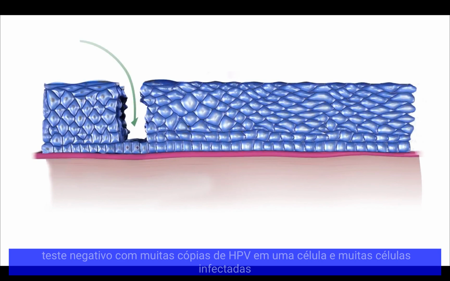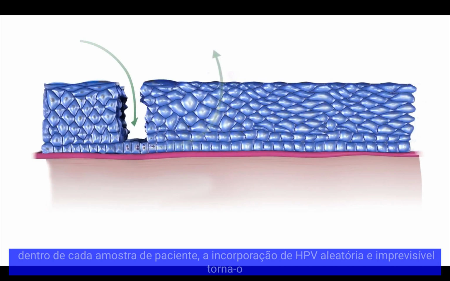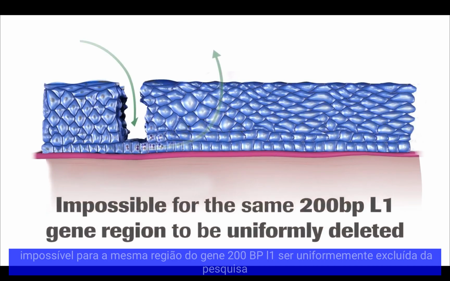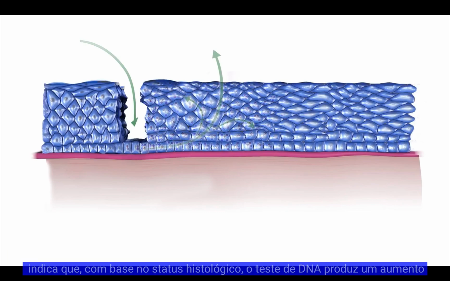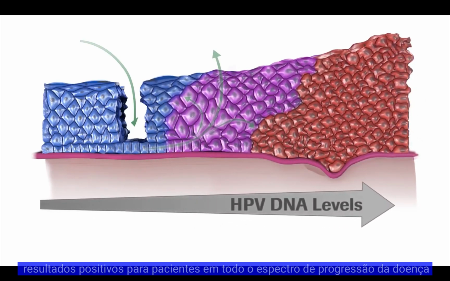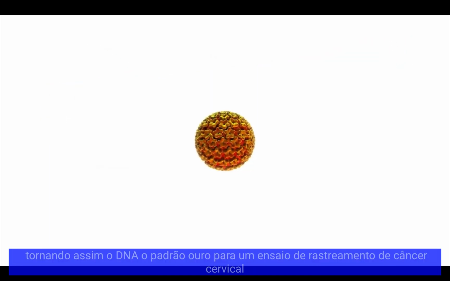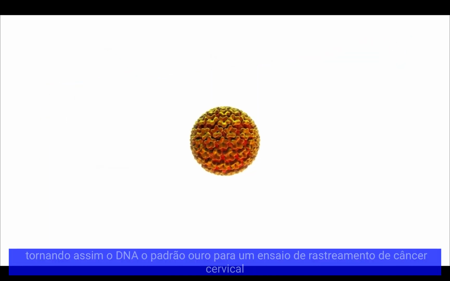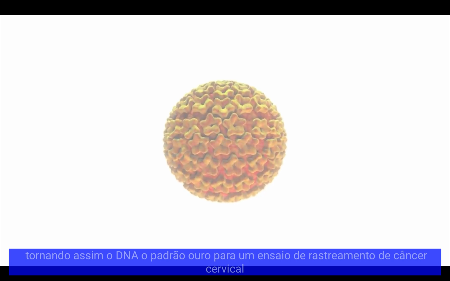With many copies of HPV within one cell and many infected cells within every patient sample, random and unpredictable HPV incorporation makes it impossible for the same 200 bp L1 gene region to be uniformly deleted. Research indicates that based upon histological status, DNA testing yields increasing positive results for patients across the spectrum of disease progression, thus making DNA the gold standard for a cervical cancer screening assay.